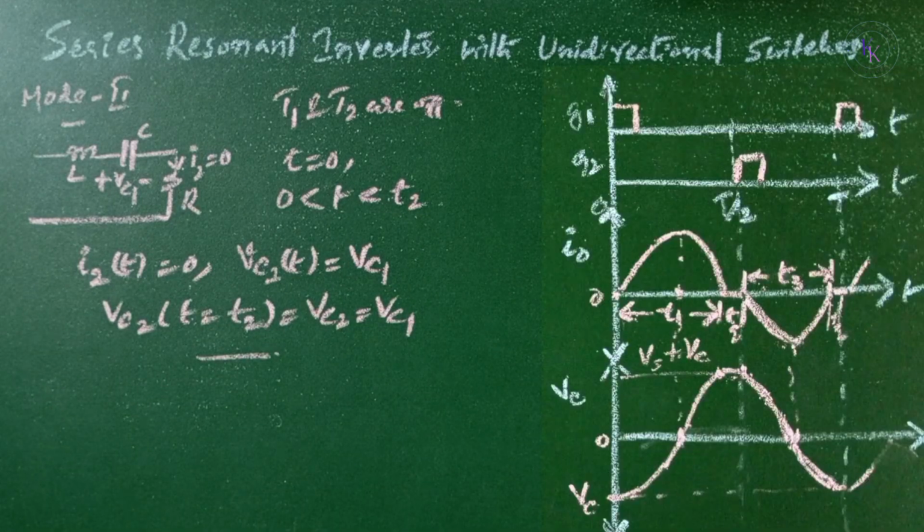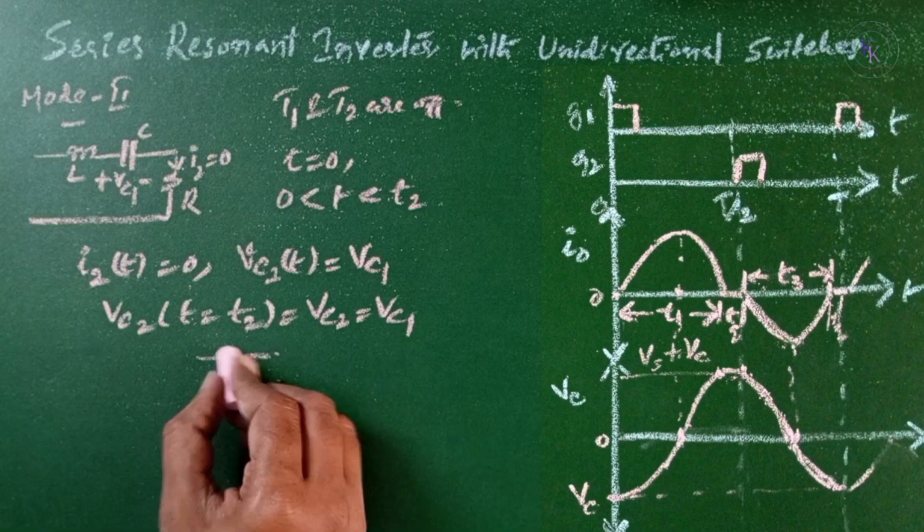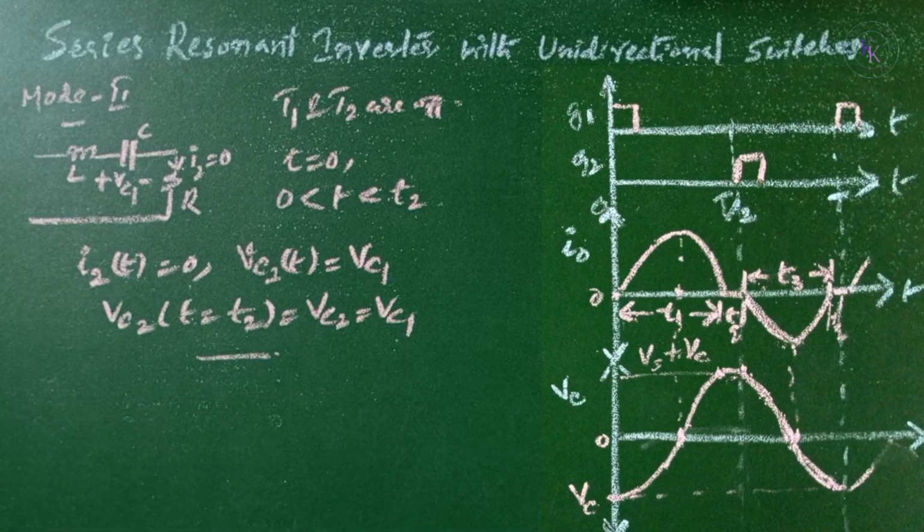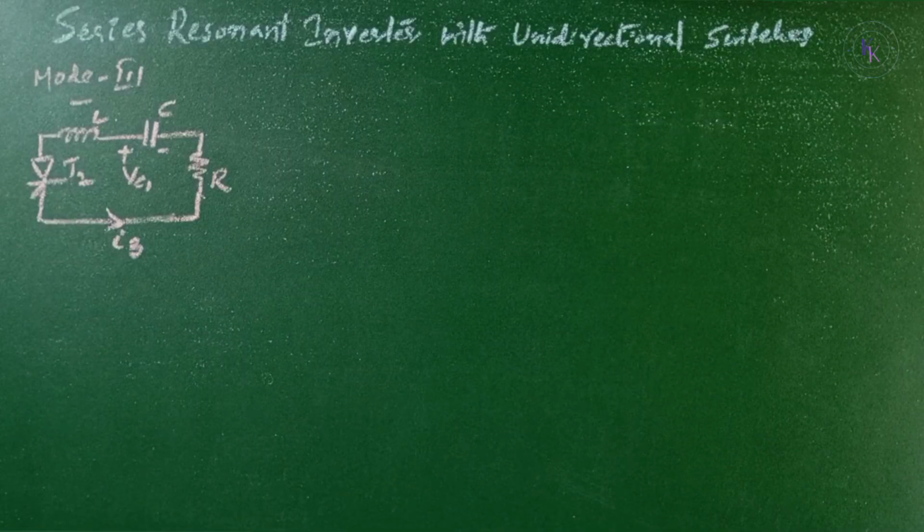The voltage at the end of mode 1 is the same as the voltage at the end of mode 2 in the case of the capacitor. And the current is also 0 at the end of mode 1 and at the end of mode 2 for the output. Now, mode 3.